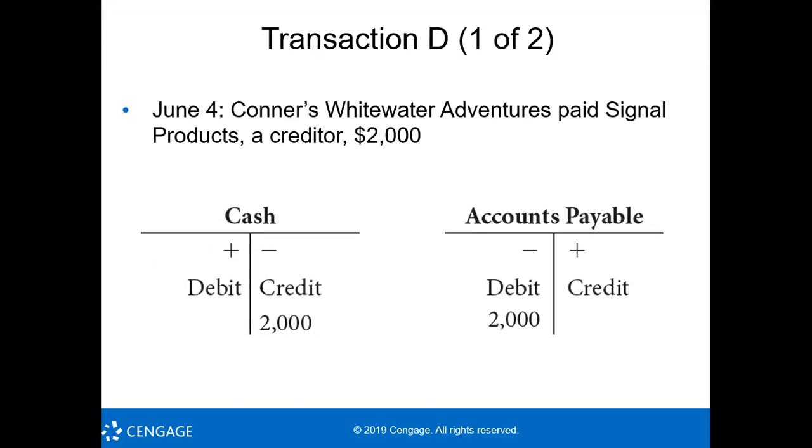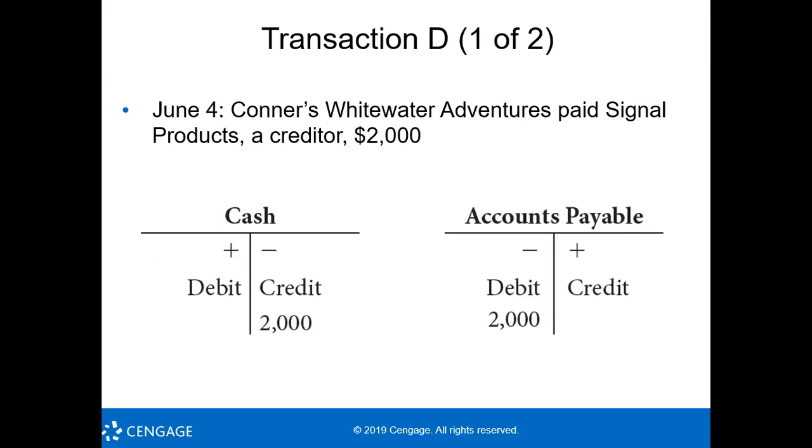All right, here's another example. Conner's Whitewater Adventures paid Signal Products, a creditor, $2,000. Remember, we purchased that equipment from Signal Products, and now we're making a payment to them. When we purchased the equipment, we debited equipment, credited accounts payable. Now that we're making a payment to them, accounts payable is going down.